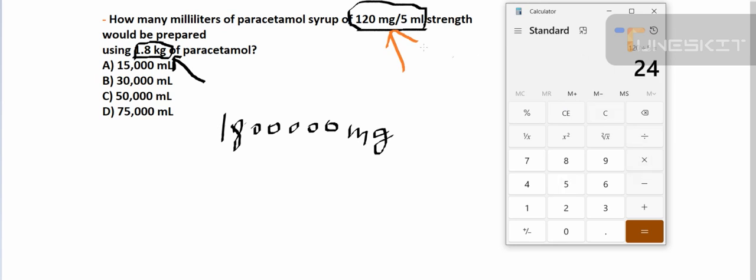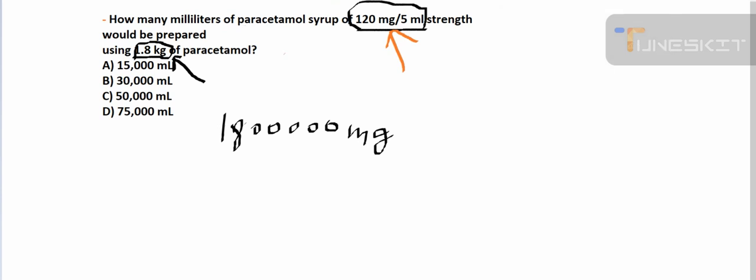If 5 ml contains 120 mg, then 1 ml will contain 24 mg only. We can write it down. It means 1 ml contains 24 mg.